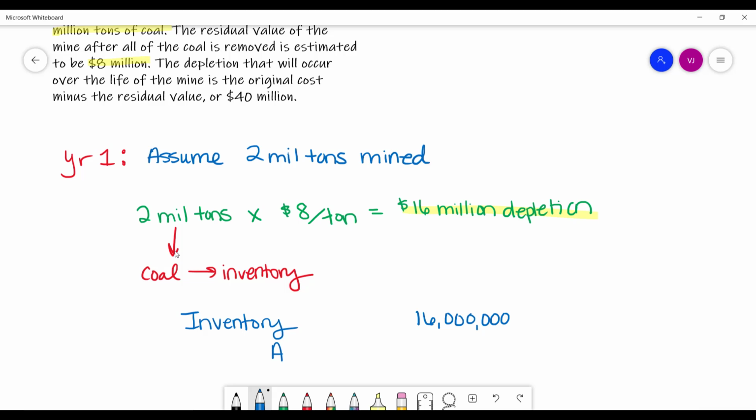And then we're going to credit an account called accumulated depletion, specific to the Red Valley mine, but I'm just going to write accumulated depletion here. We're going to credit accumulated depletion for $16 million.